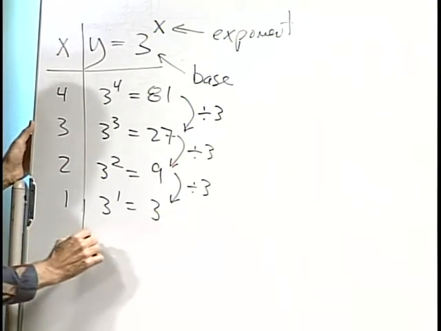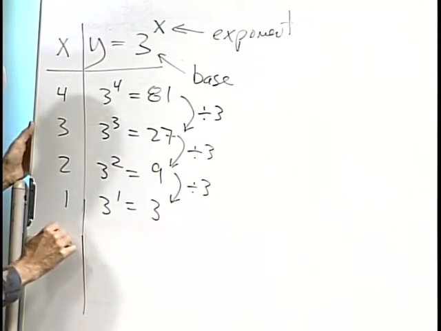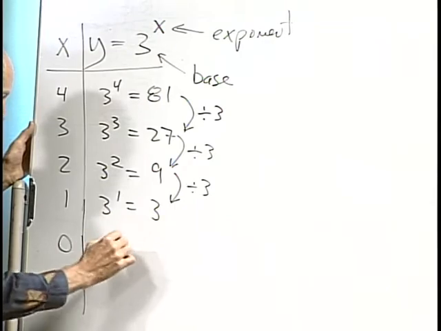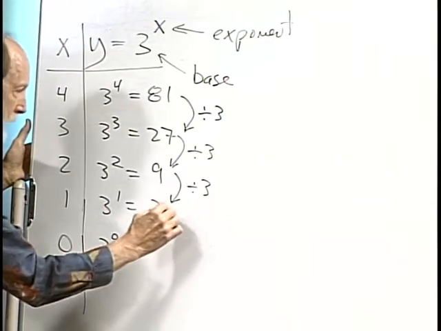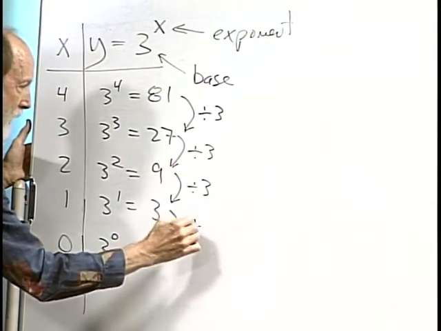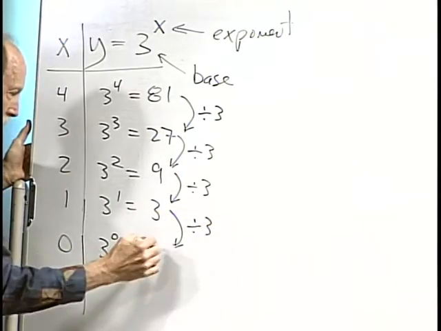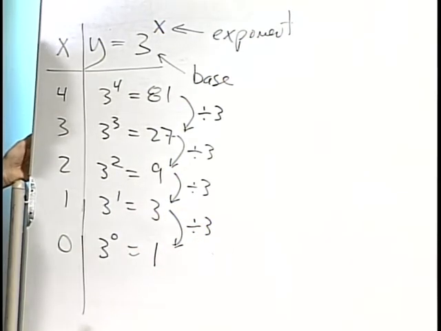And then you can explain to a person what happens if the exponent becomes 0 by looking over here again: divide 3 by 3, and you see that you get 1.